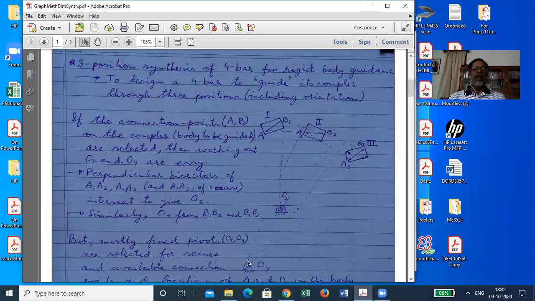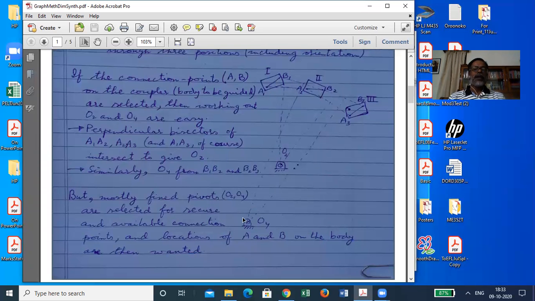But mostly what happens is that the fixed pivot locations are given. Okay, and then you have to find out these two connections, and that is more troublesome. So fixed pivots O2 and O4 are selected for secure and available connection points.